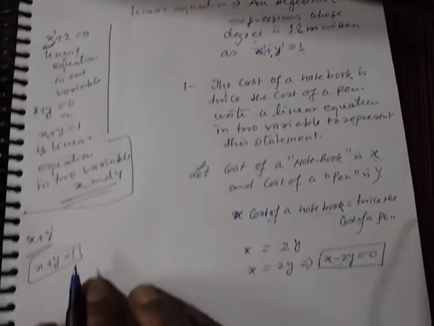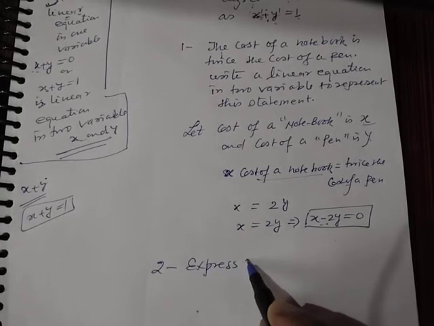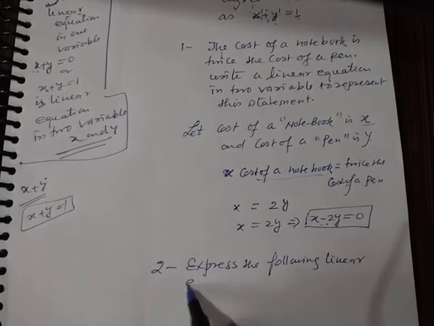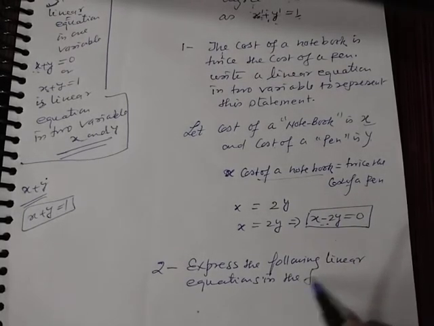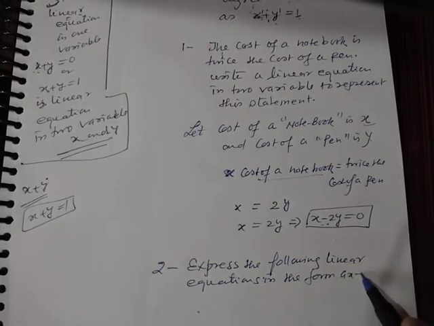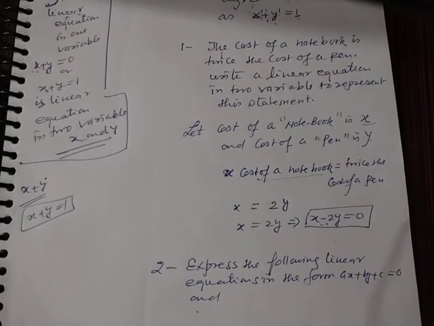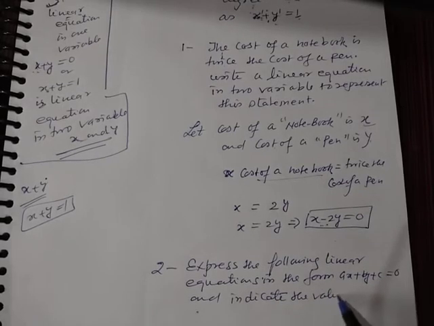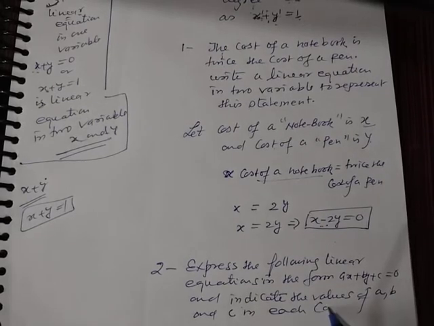Okay. Now you see question number 2. Express the following linear equation in the form ax plus by plus c is equal to 0, and indicate the values of a, b and c in each case.